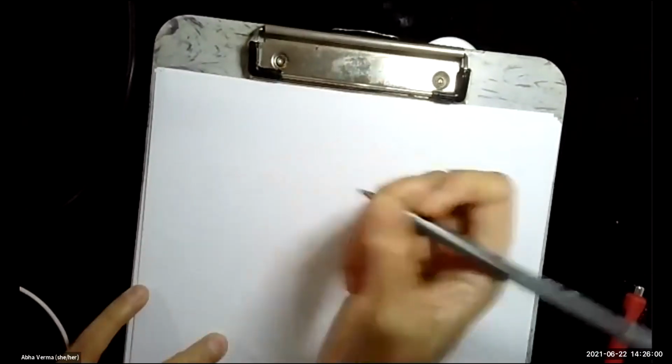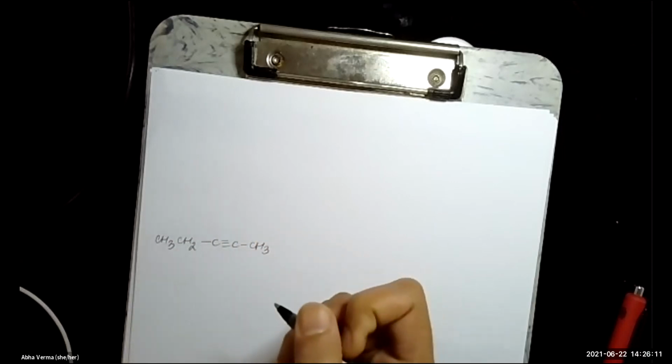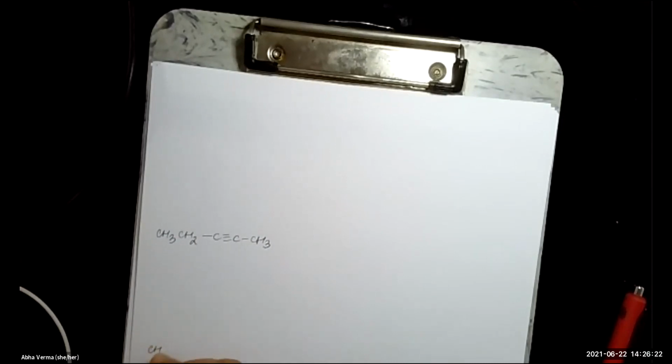Okay, when we do the synthesis module, I will remind you again on how to make your flashcards. Okay, I will do a few of the reactions with internal alkyne, and then I want to do a few of the reactions with the terminal alkyne also.